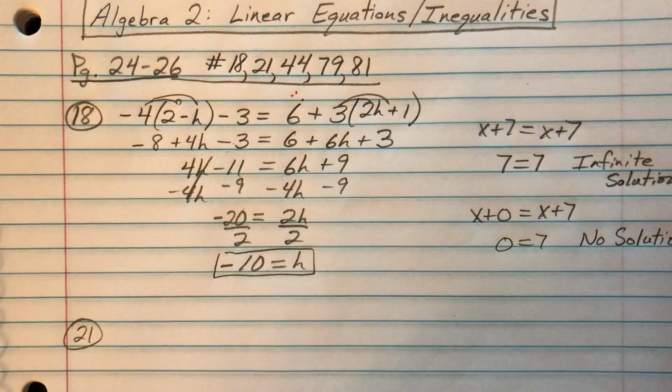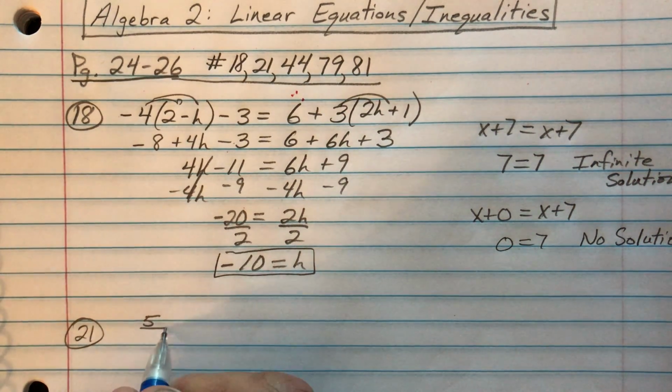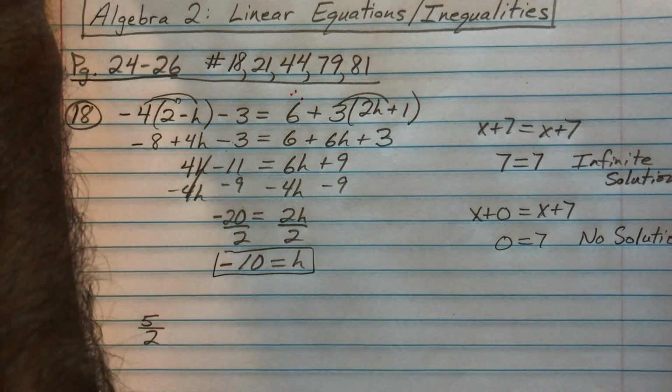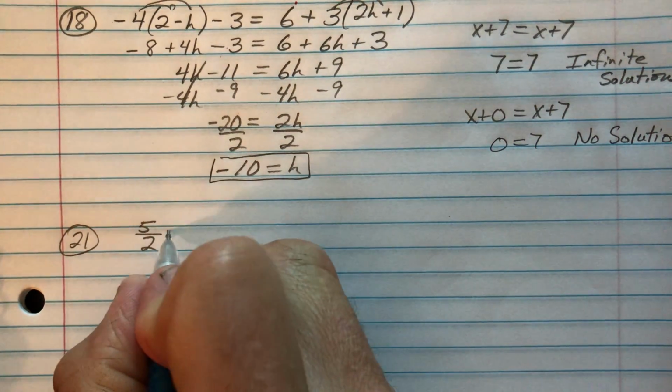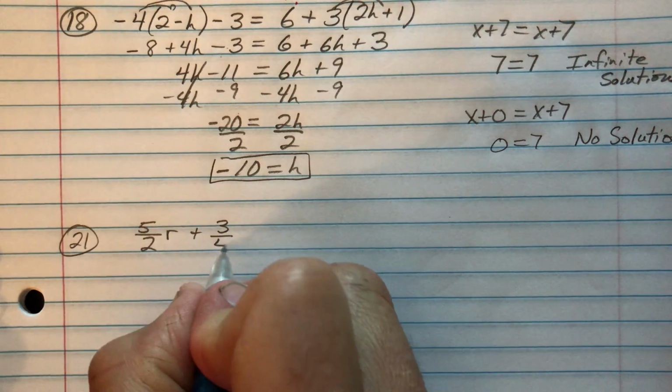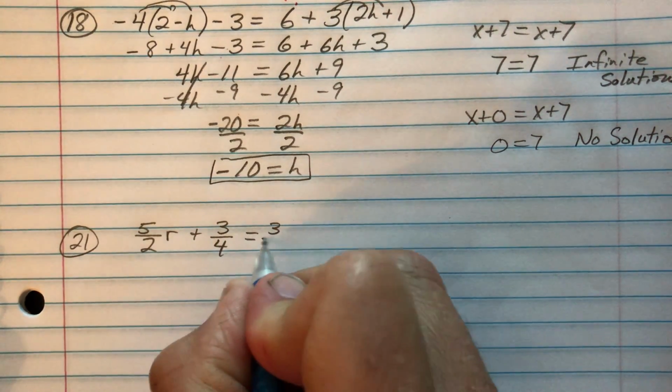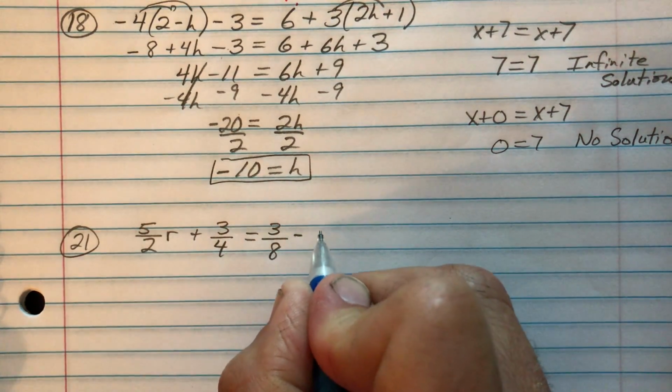Number 21 is an equation, but it has fractions. So this is really important to make sure you're good at this. 5/2 r plus 3/4 equals 3/8 minus 1/2 r.